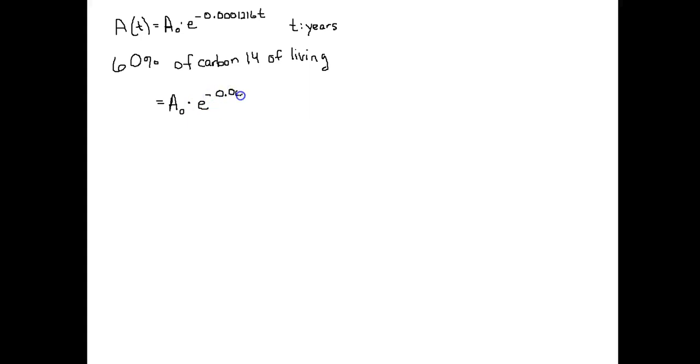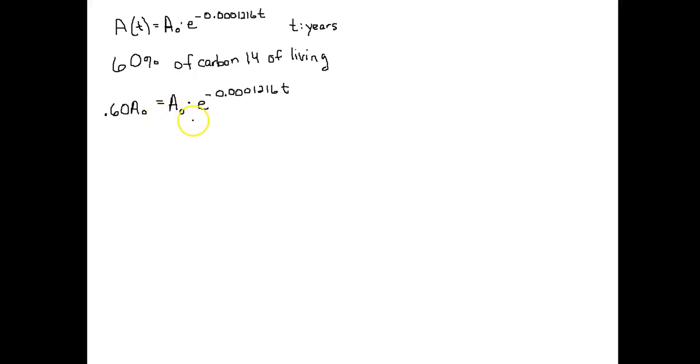t is what we're solving for, so that stays in. But A of t, that's how much would be remaining now in that sample. It's 60% of A sub 0, 60% of the original. So 60% times A sub 0.